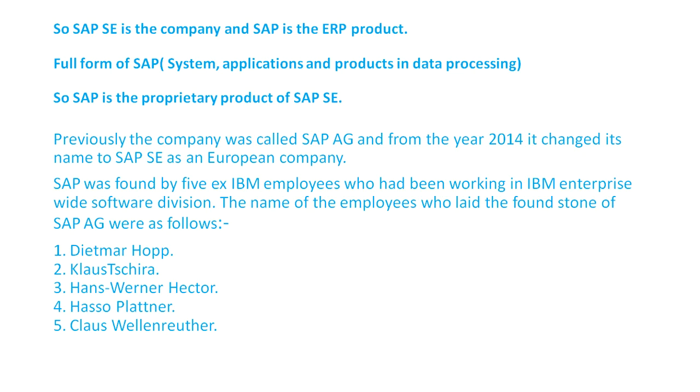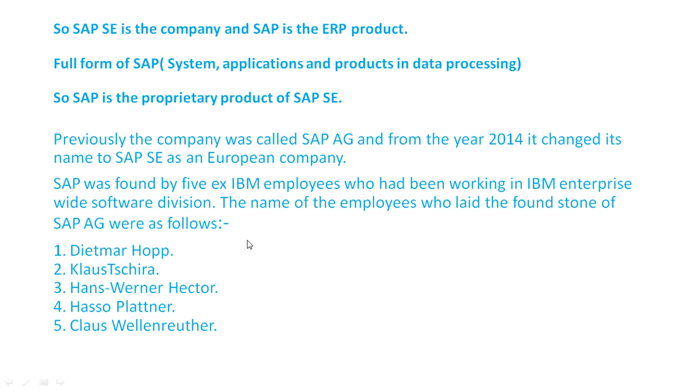When it was started in 1972, it was started by 5 consultants, or 5 technocrats belonging to the company IBM. I have already mentioned the names of these 5 technocrats, who are ex-employees of IBM.